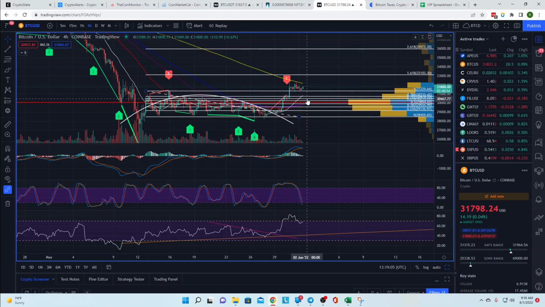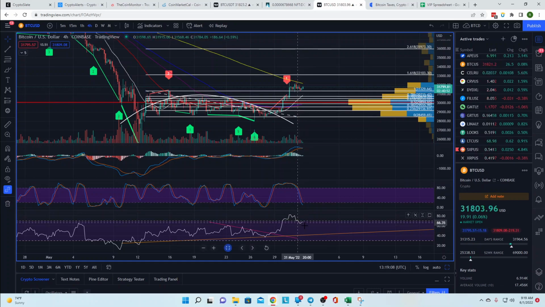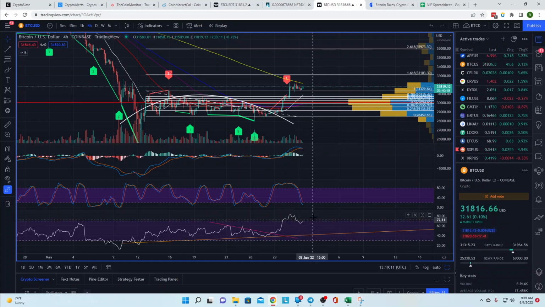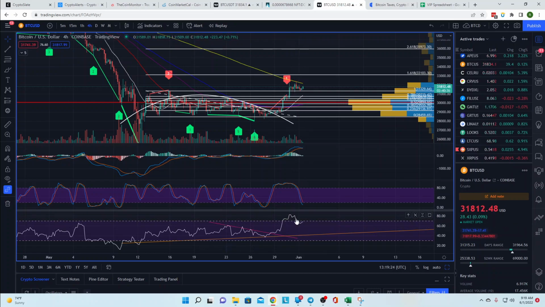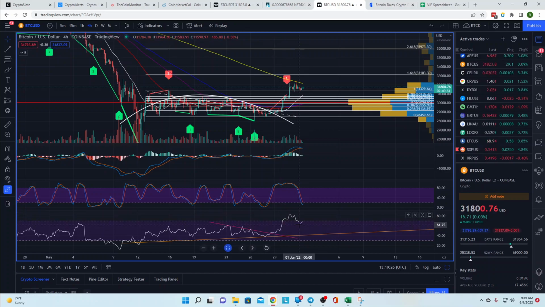Maybe even today, it's feasible because you can see here on the 4 hour, we're starting to come out of overbought territory. And if the 4 hour doesn't push back up into overbought, so let's say that, I look at this and I kind of see maybe the possibility that we've got a small inverse head and shoulders on the 4 hour. And when I say that, this would be the left shoulder, this would be the head.